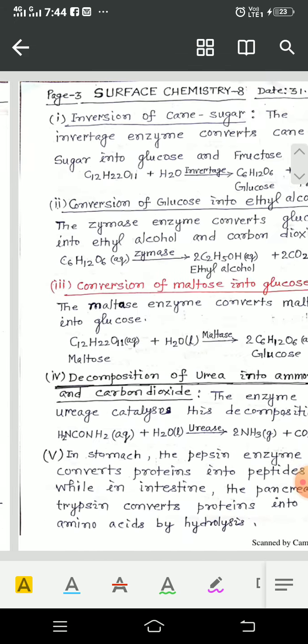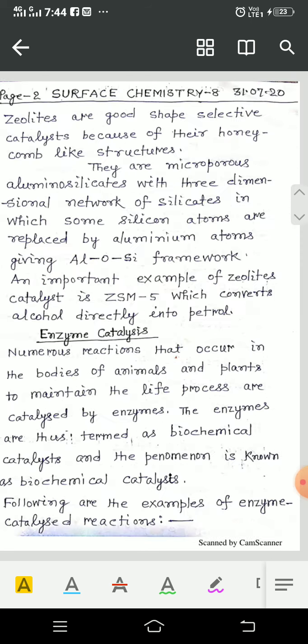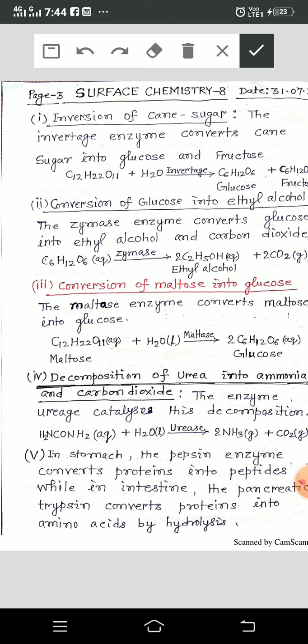Now on the third page, inversion of cane sugar. The enzyme invertase converts cane sugar into glucose and fructose. So here zymase, example of zymase is conversion of glucose into ethyl alcohol. This is another catalyst.